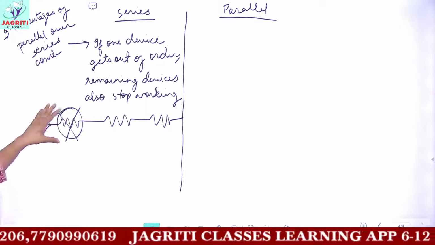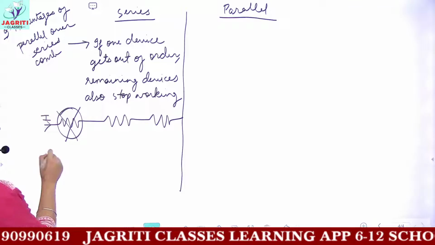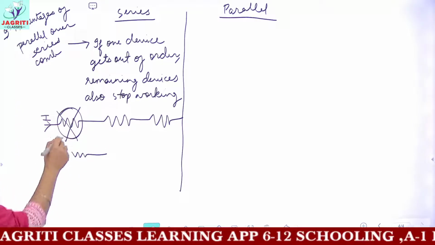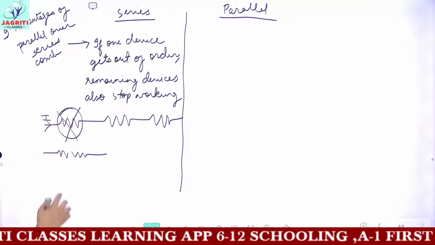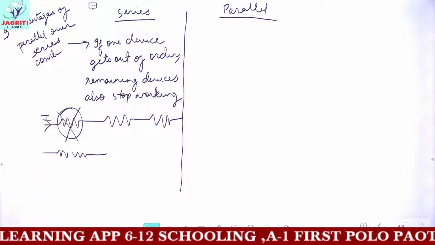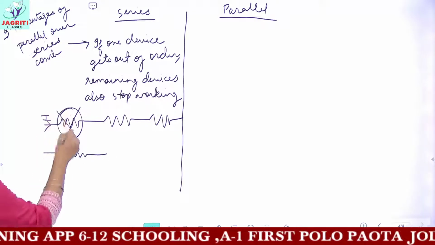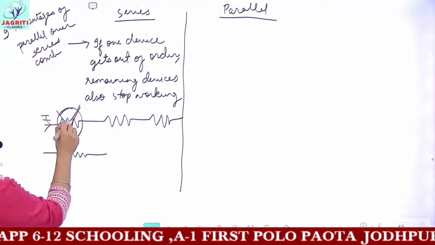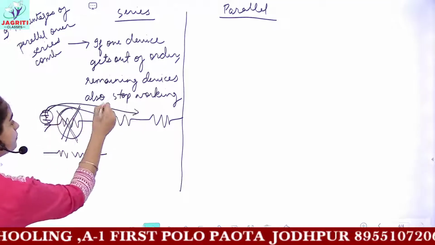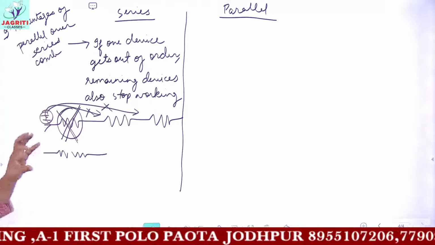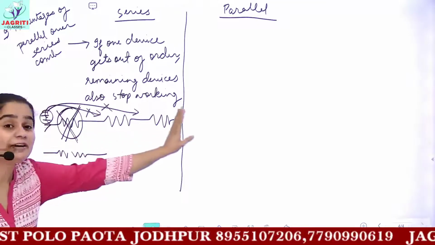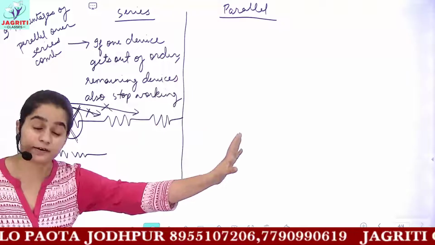When this device got burnt, it would break off, and this creates an open circuit. And we know that current cannot flow through an open circuit. It means when one device gets destroyed, the current is not able to flow to the other devices, and in turn the other devices also stop working.